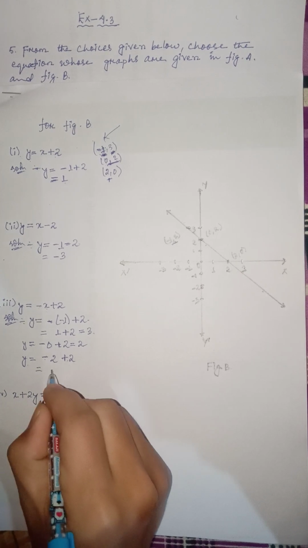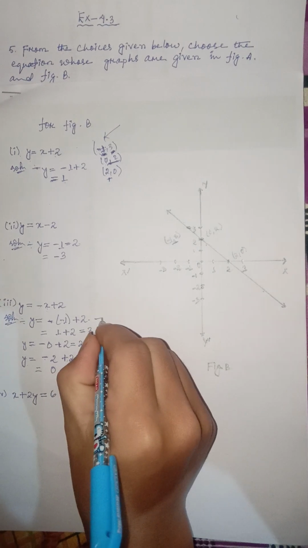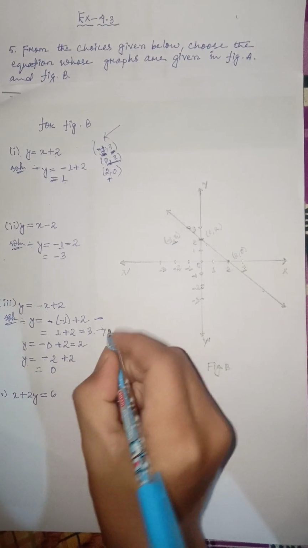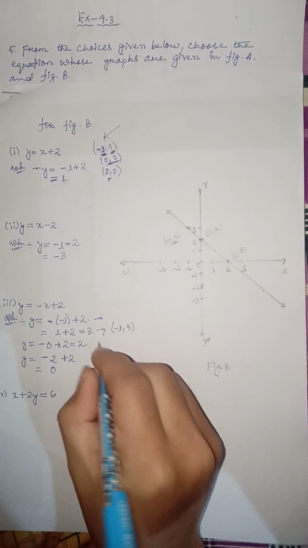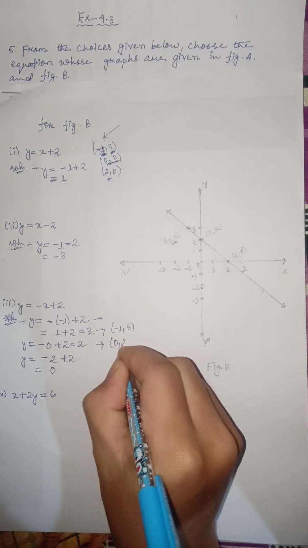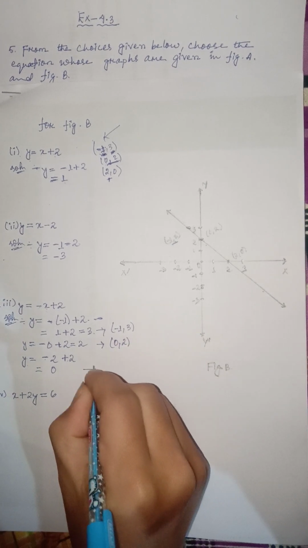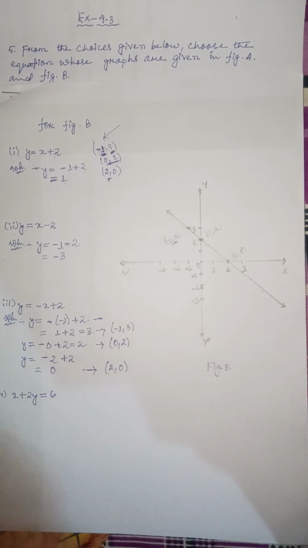Minus 2 plus 2 is simply 0, right? From here, we came to see that this is minus 1, 3. And from this, we came to see that it is 0, 2. And thirdly, we can see that it is 2, 0, right?